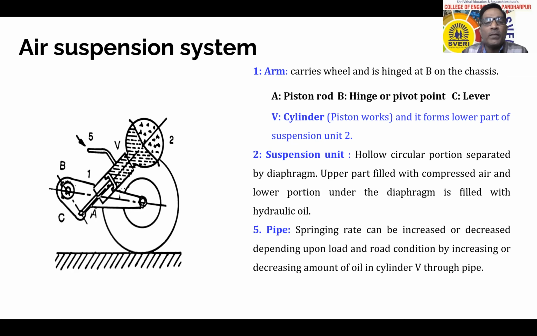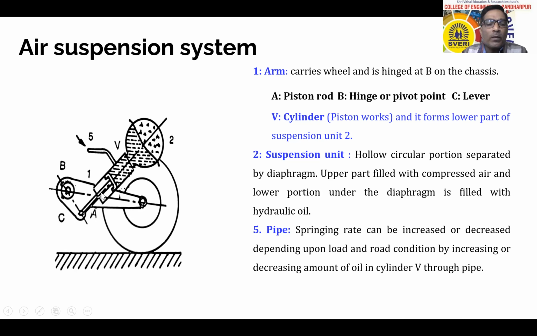So just you can see this one, that is the arm, and on the arm there is the wheel, and at this point B, this arm is hinged.